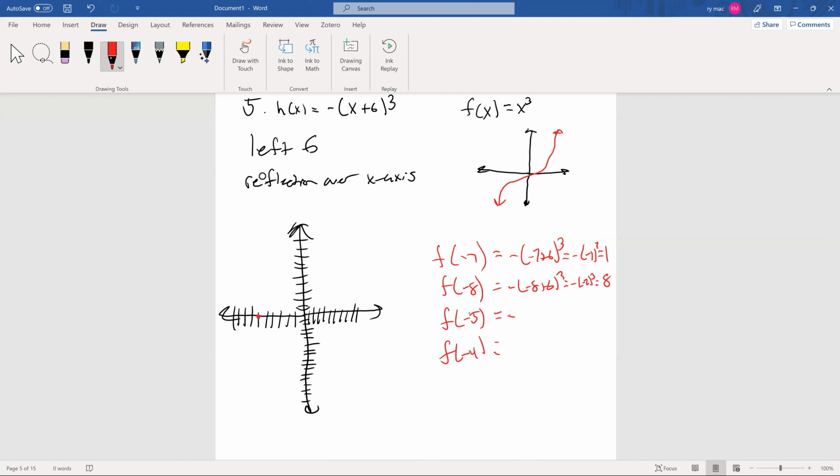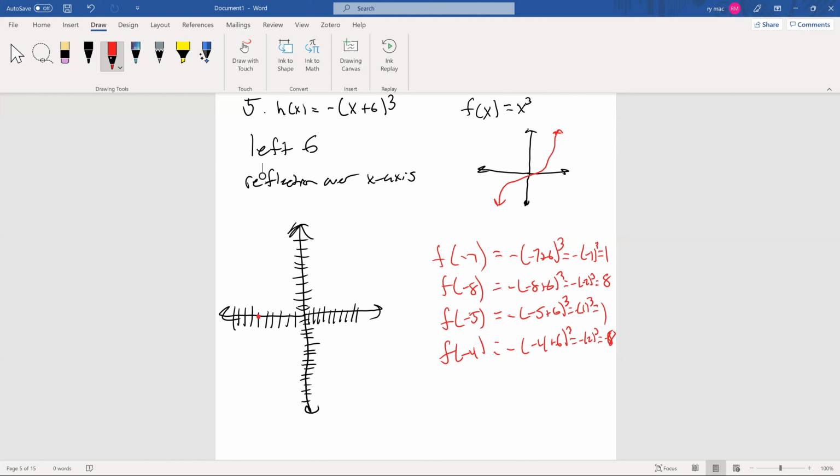And then actually, if you go the other way, it would just be the opposite. So we'd get 1 for f of -5. And -8 for -4.